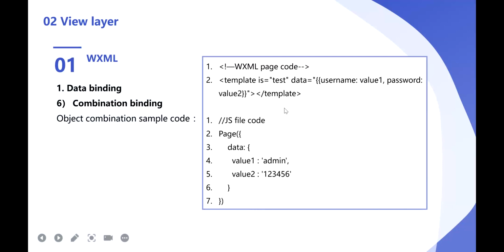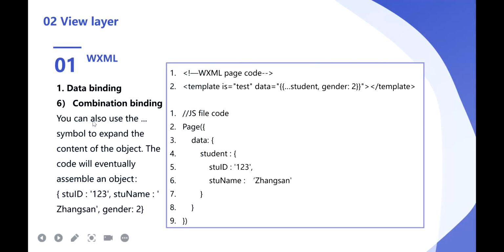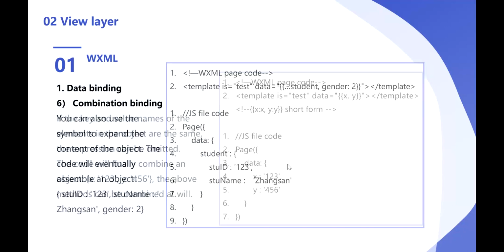We also have object combinations like this. Here is another example. We can also use this symbol to expand the content of the object. You can try this example by yourself.